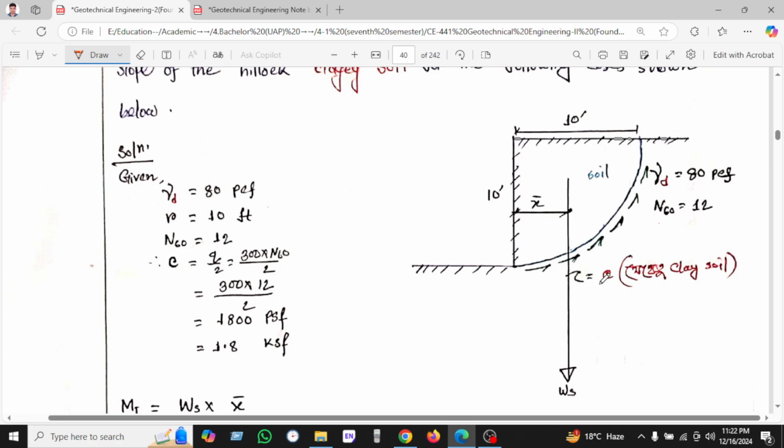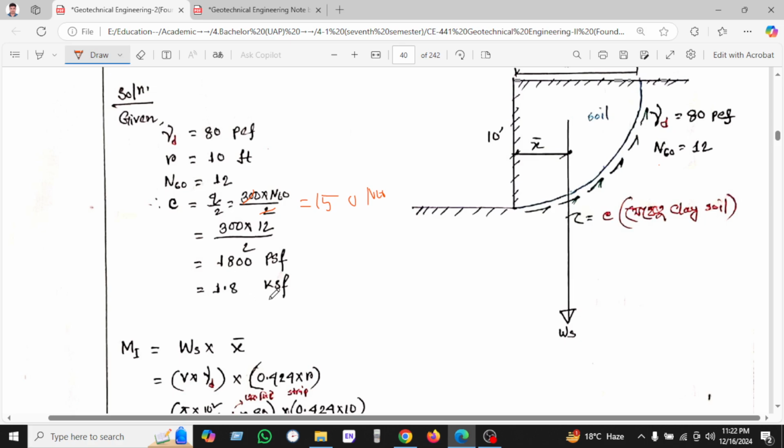We know the unit weight of soil is given, R equals 10, and N60 is 12, and C equals Q by 2, which is 360 by 2. But we can say 150 times N60, divided by 2 on both sides, and found 1.8 KSF.